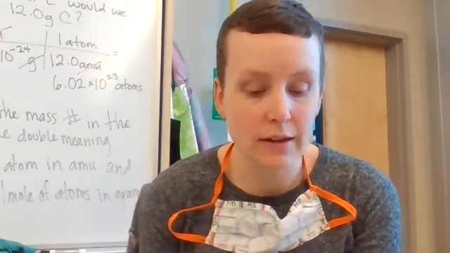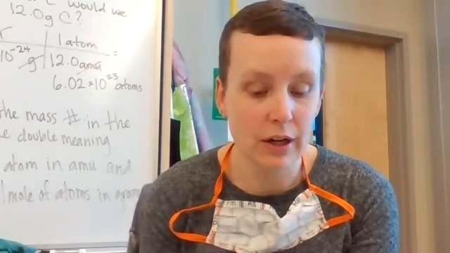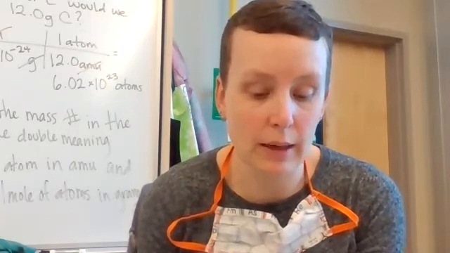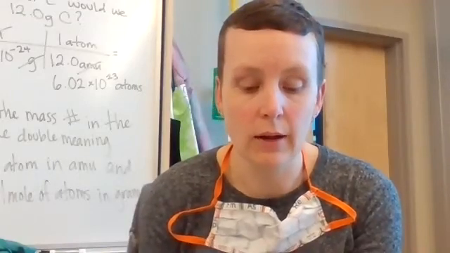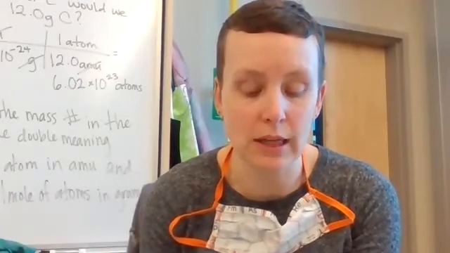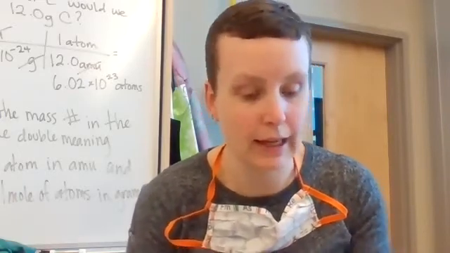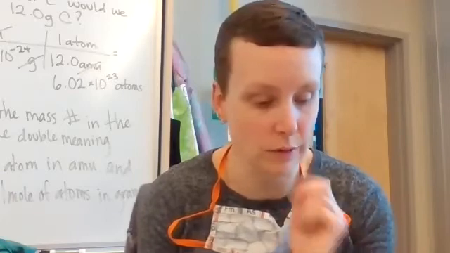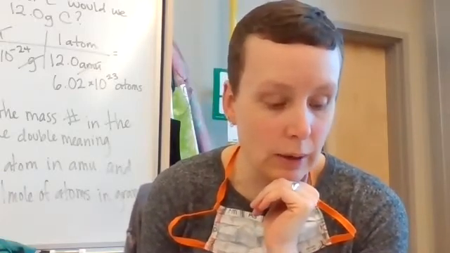Number 6, very similar, okay, very similar. The answer would be 3.83 times 10 to the 24th atoms of carbon and 1.02 times 10 to the 25th atoms of hydrogen. Again, you can look in the back of the book to see the work for those problems. Interpreting data on page 312.